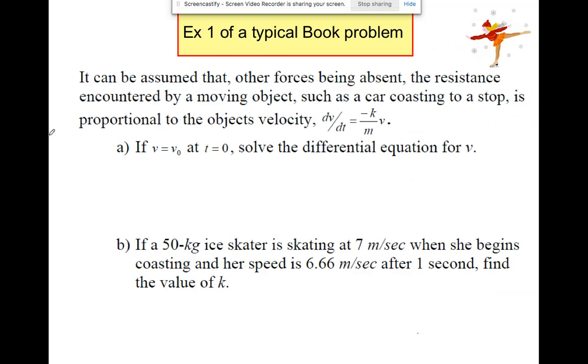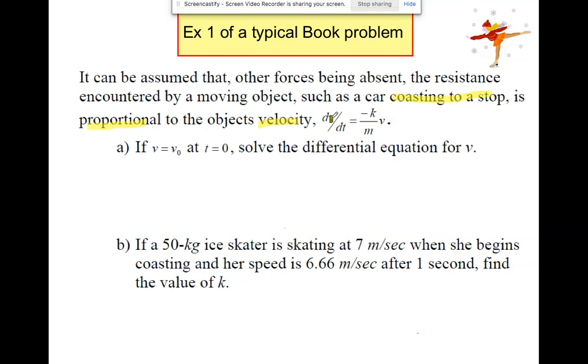So this is the handout that you want to access, right, it's linked on our page. And this is a typical book problem. So I want to highlight the pieces that are important because there's an awful lot of words here. A car coasting to a stop is proportional to the object's velocity.